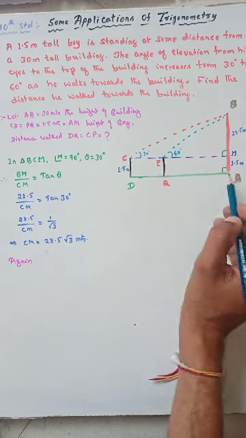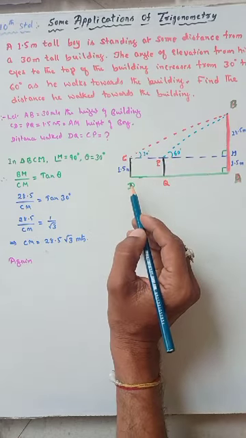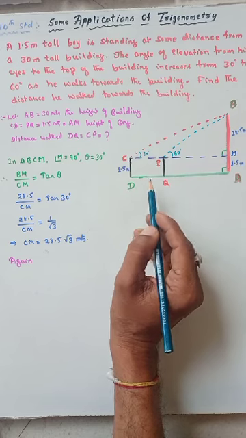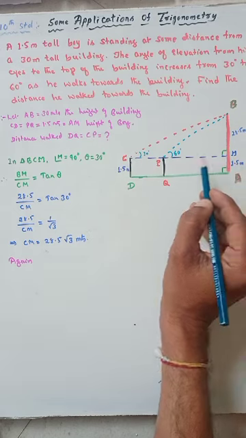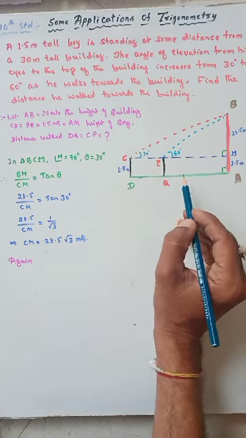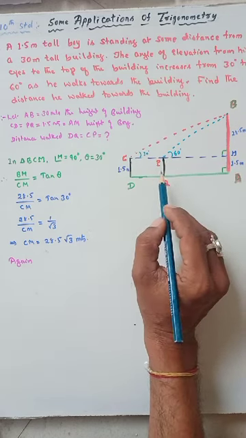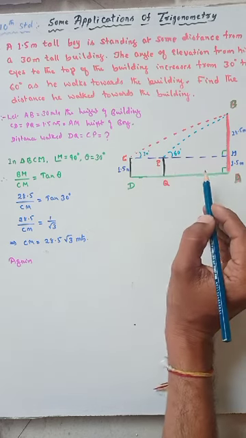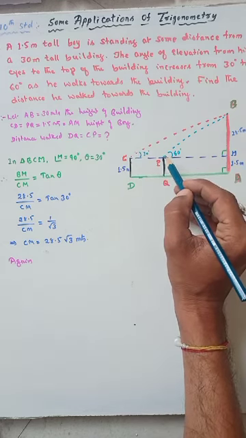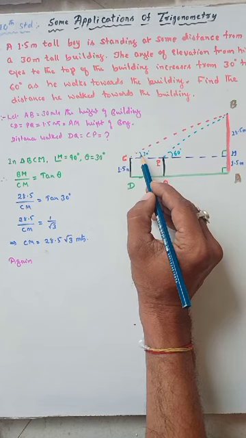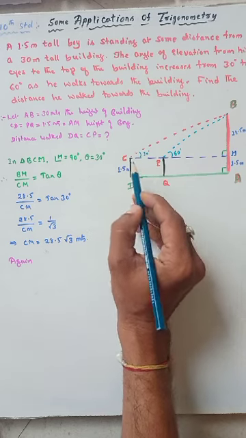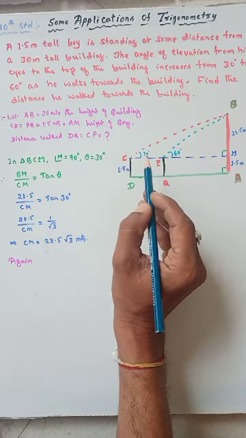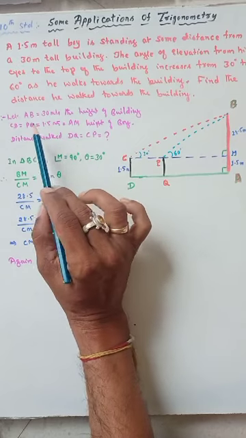So AD is the distance between the building and the boy before moving, and PQ, which is same as PM, is the distance after he walked towards the building here. So this is the line of sight. The angle of elevation is increasing from 30 to 60 degree. We have to find this DQ or CP here.